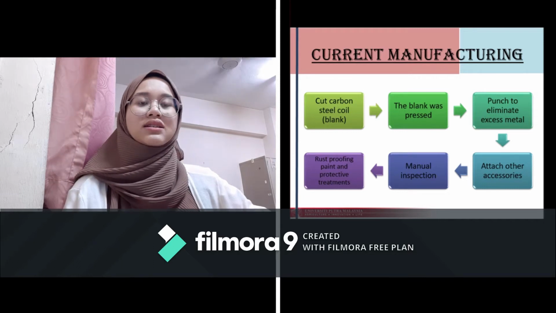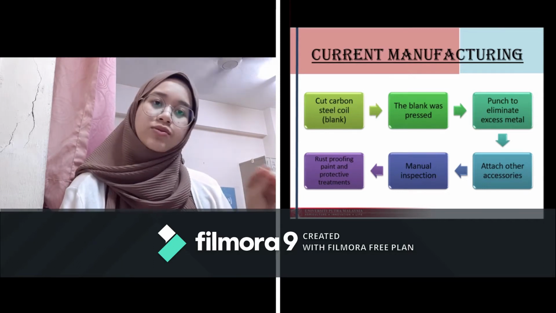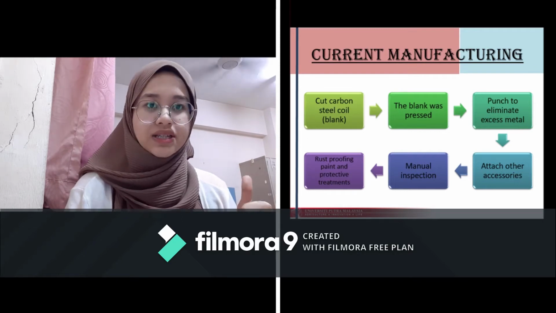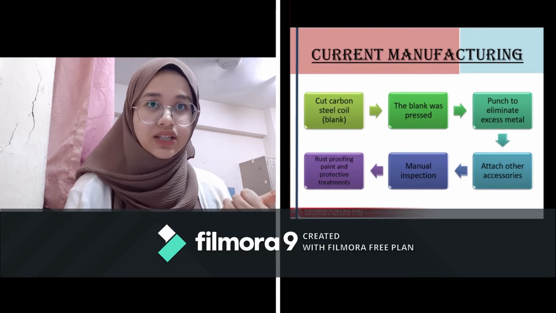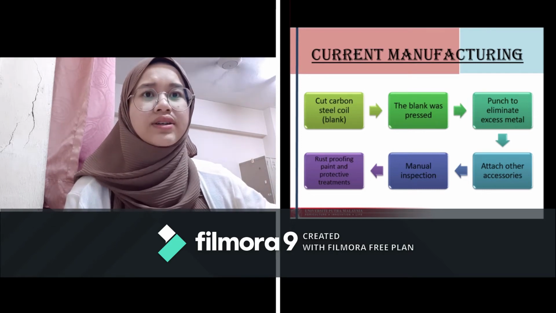So next is the current manufacturing of a car door. The current manufacturing process is using a pressing machine, and this is the flowchart of the current manufacturing process of the car door.